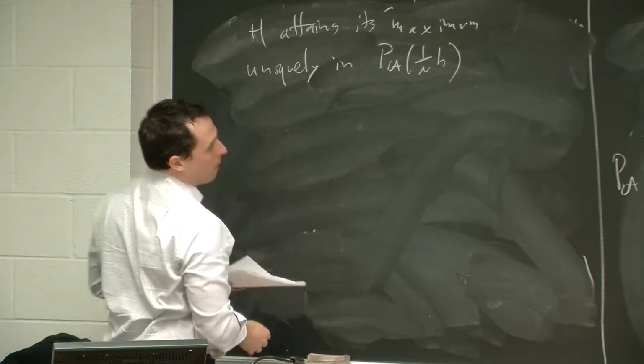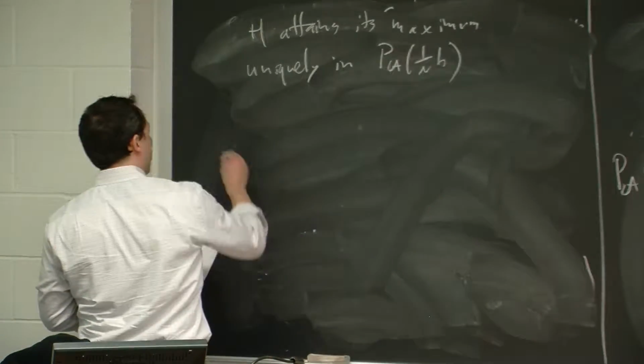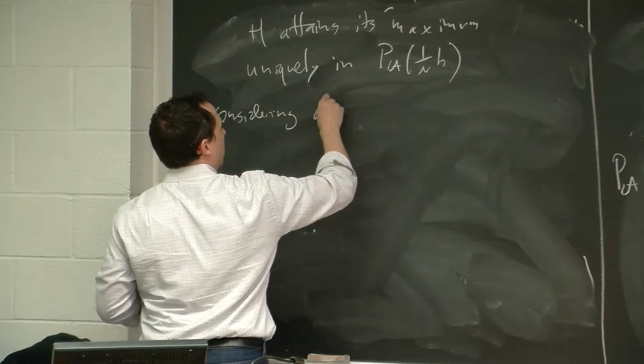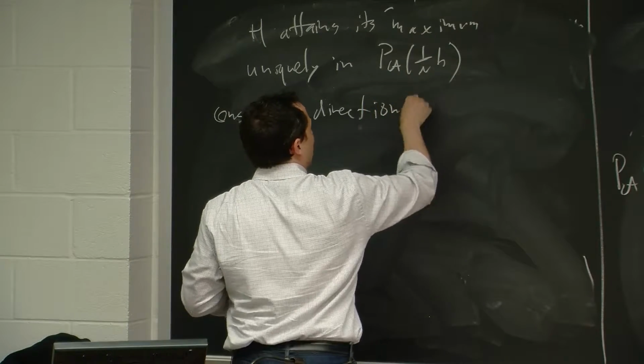And I'll spare you the calculation, you can just run through it, but the idea is that you do a little bit of calculus and it pops out. Let me tell you the basic idea.